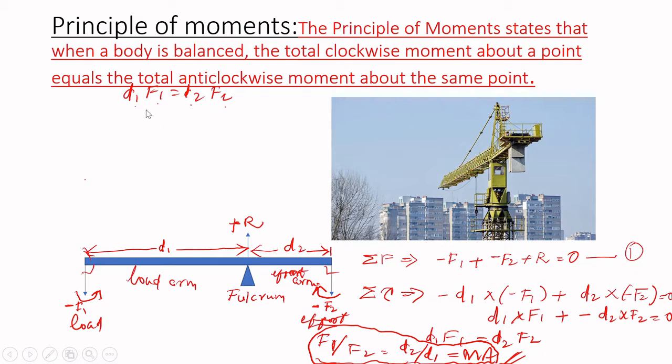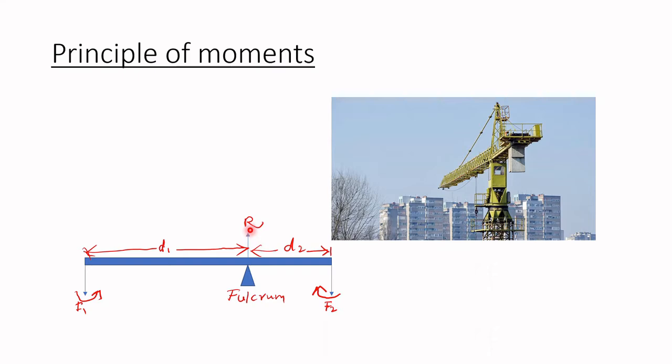So d1f1 is equal to d2f2 is the principle of moments, or torque 1 is equal to torque 2. Let R be the reaction from the support or the fulcrum. D1 and D2 are the distances from the fulcrum to the forces F1 and F2. Here one of the forces is called the load and the other force is called the effort.